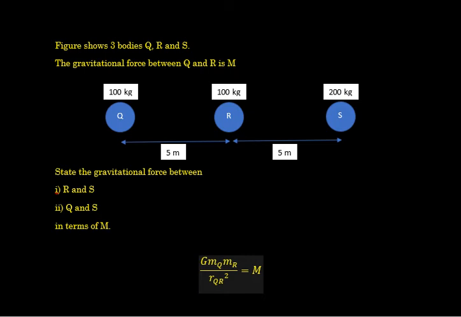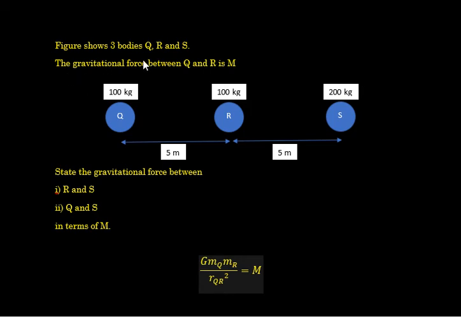In the beginning of the question, we are told that the gravitational force between Q and R is M. We all know that the formula for gravitational force is G, the gravitational constant, multiplied by the mass of both bodies, divided by the distance between the two bodies squared.